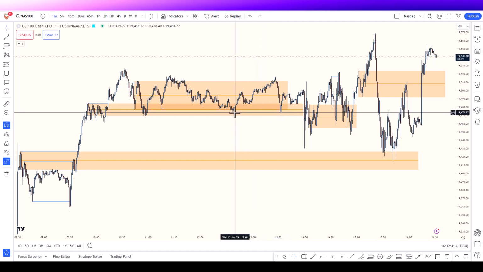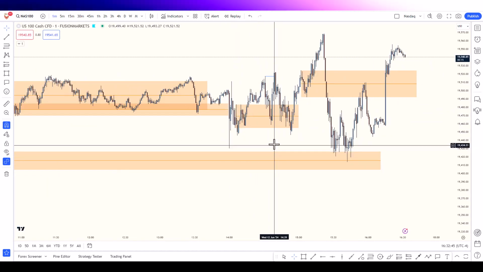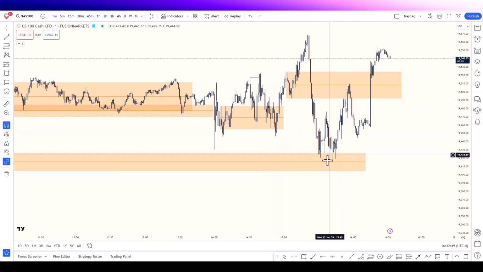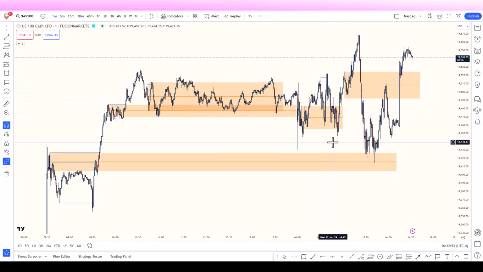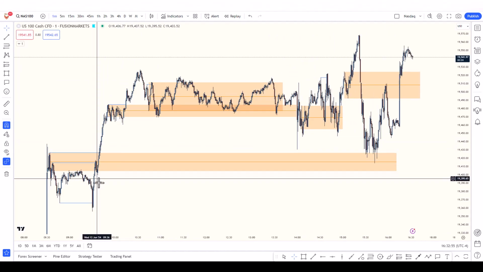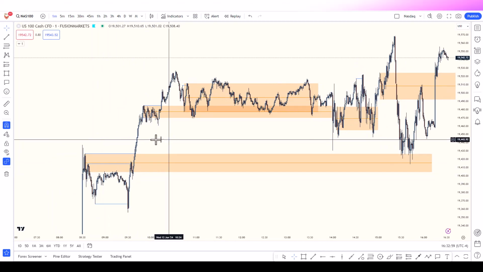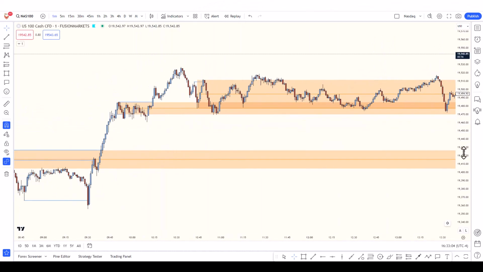Here I had my stop here, price took it. And I took this trade also, so it was like 4. Yeah, forgot this trade here that I took.